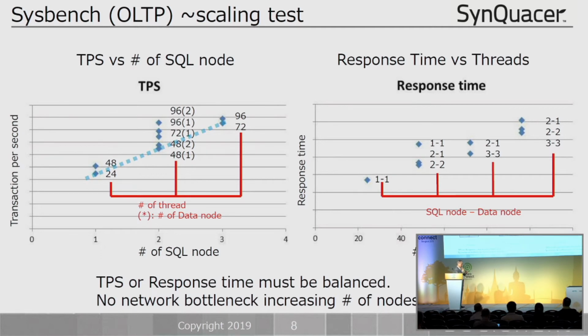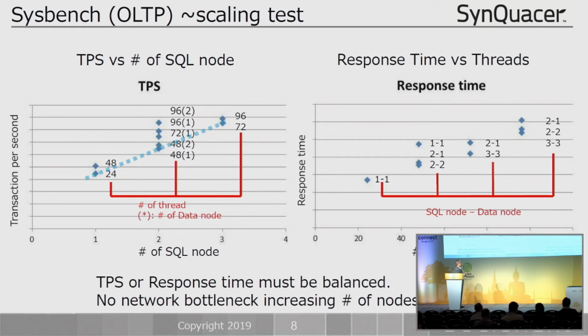So we thought increasing the dispatcher would probably make that performance better. So we increased the Sysbench threads to 48, 72, and 96. Then the SQL nodes start working.